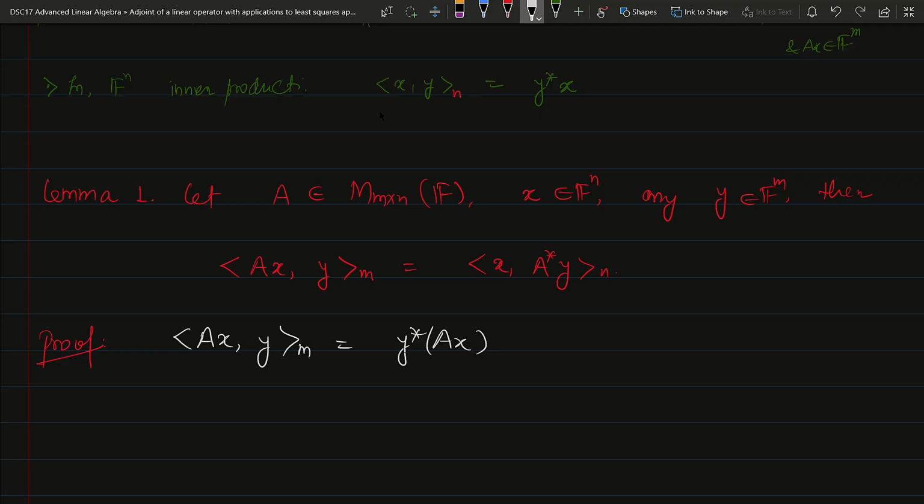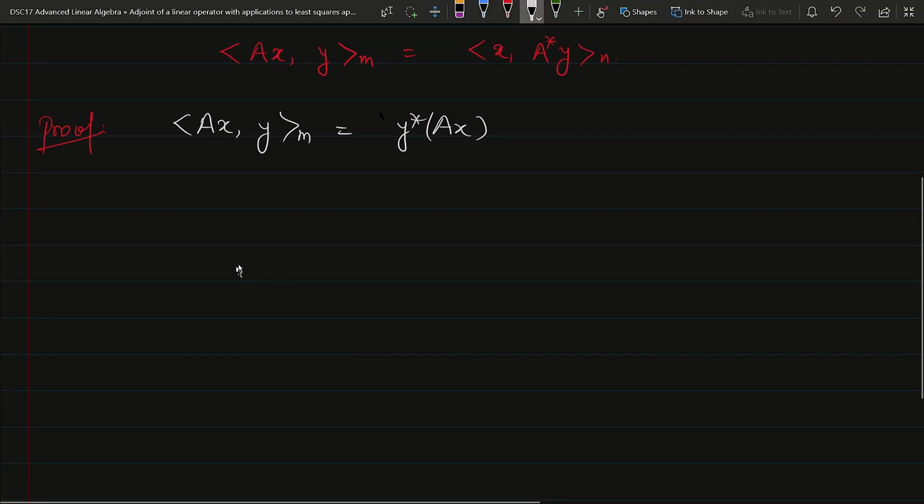Now this y is a column vector, or you can say a column matrix, A is a matrix, and x is also a column vector, right? Using associativity, you can write y star A times x.